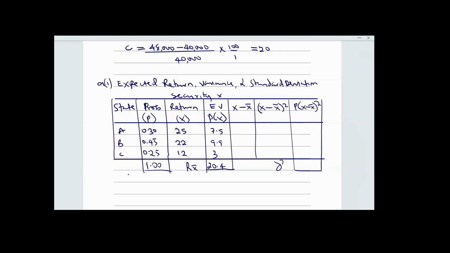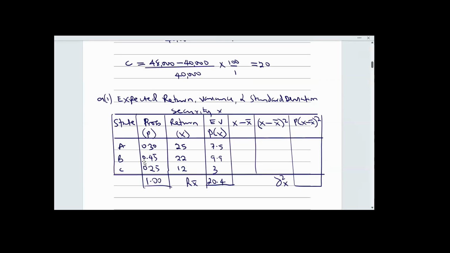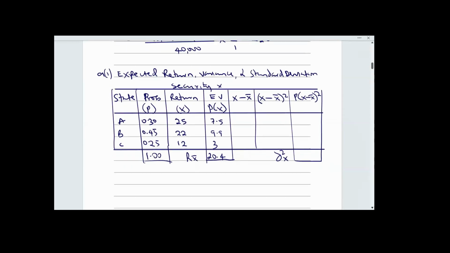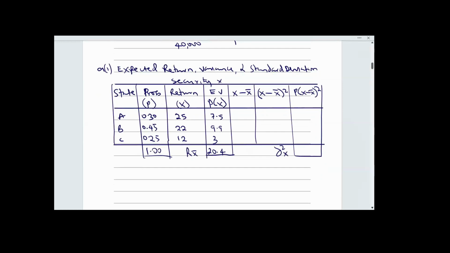So the variance of security X. 25 minus 20.4, I have 4.6. 4.6 square, what do you have? 21.16. Yes. All right. Multiply by probability of 0.3.